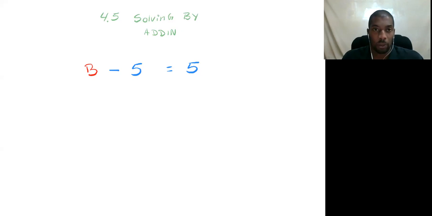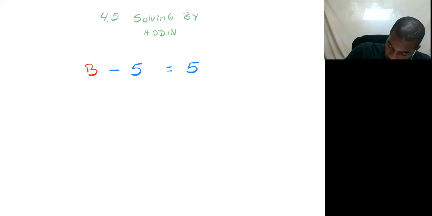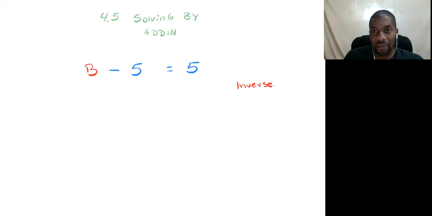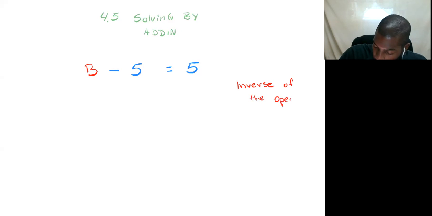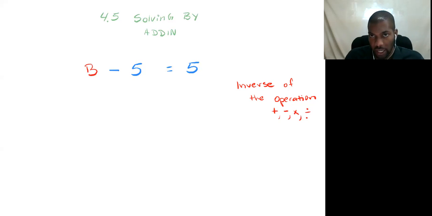Well, we need to do a couple things. We need to do what's called the inverse, I-N-V-E-R-S-E, the inverse of the operation. As we know, our operations are addition, subtraction, multiplication, division, and there's a couple others, but these are the four basic ones, right?